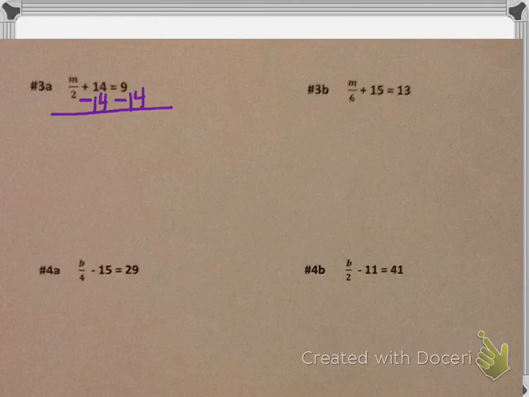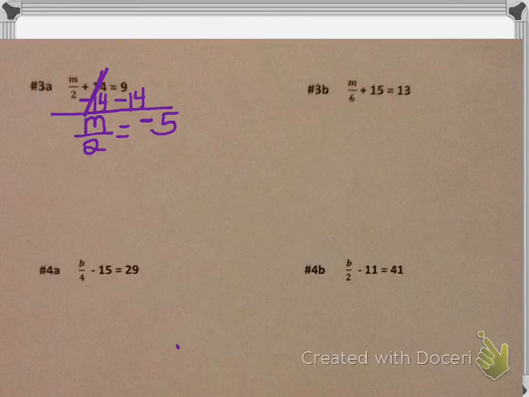And the result of that, 14 minus 14, that's 0. So they're canceling each other out, so I cross it out. Bring down the m divided by 2. And then 9 minus 14. Well, you're at 9 on the number line. Walk backwards 14 places. I'm going to pass 0 and end up at negative 5.